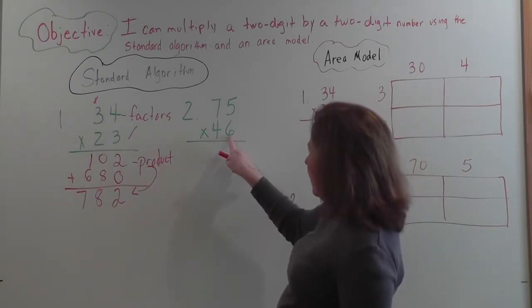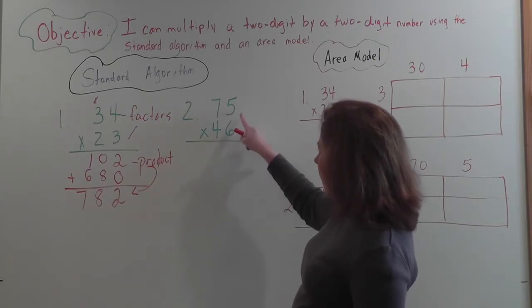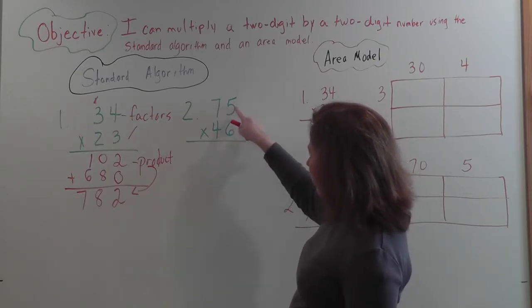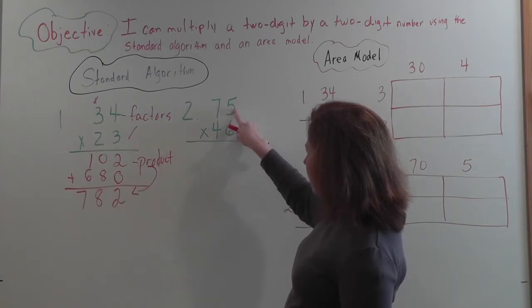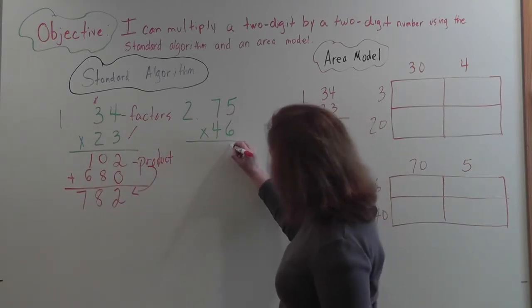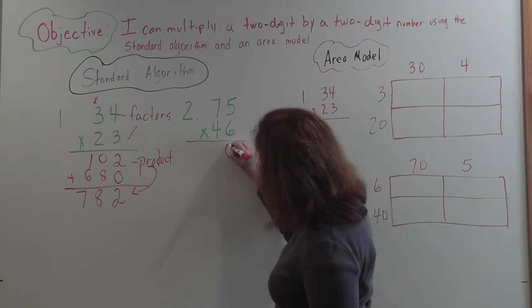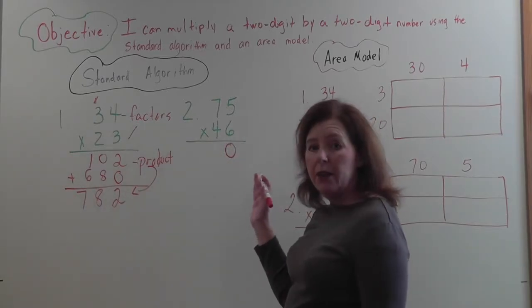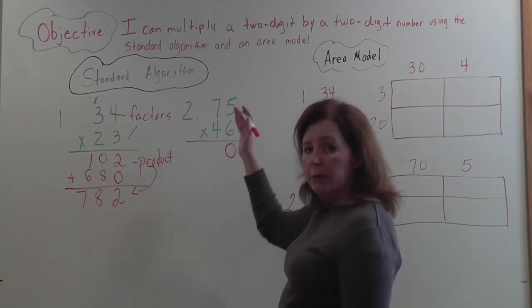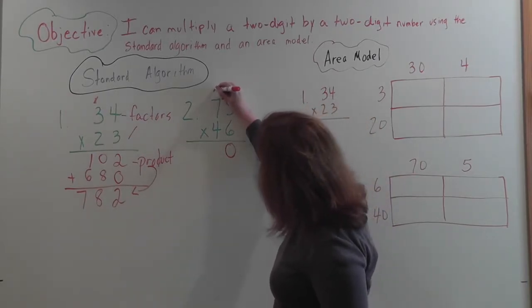I'm going to start out with my 6, and I'm going to multiply it by 5. So 6 times 5 is 30. So I'll put my 0 down, and I'm going to bring over my 30, my 3 tens, to my tens place. So I'm going to put a 3 here.